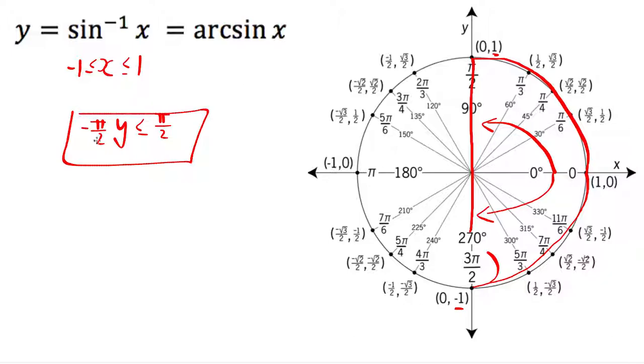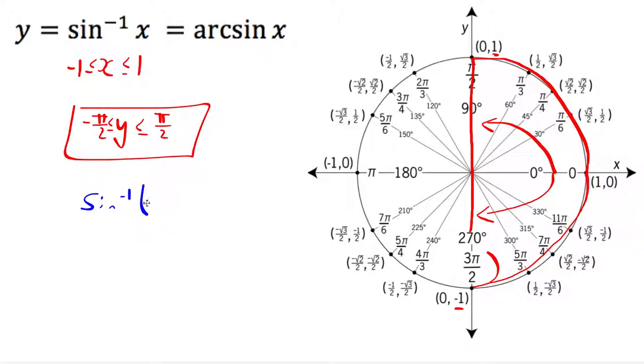So this is key for us, this range of values. Our range must be between negative pi over 2 and pi over 2. We're going to look at some examples, and we're going to be getting lots of practice. But, you know, if I say, all right, what's the inverse sine of root 3 over 2?